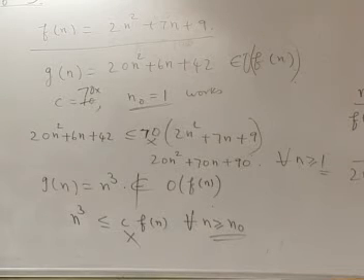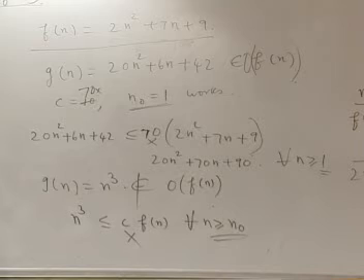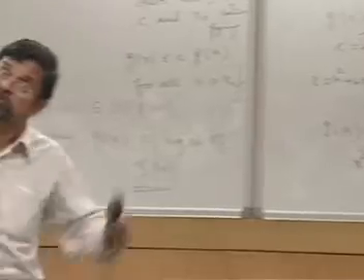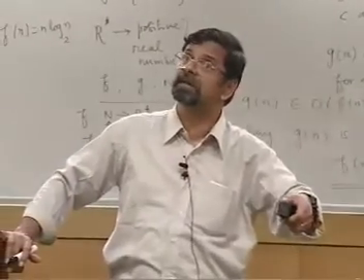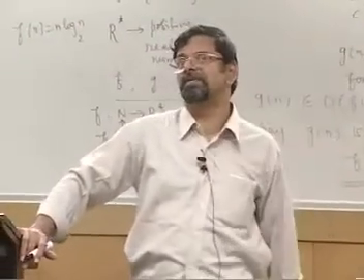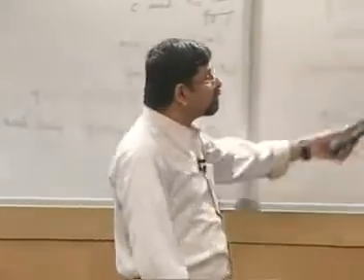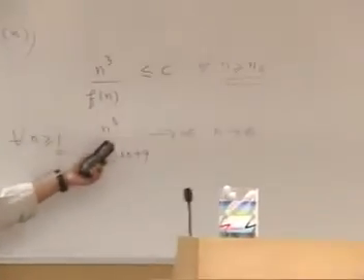If that goes to infinity, then g of n cannot be big O of f of n. In fact, its order of growth is more than the order of growth rate of f of n. It is galloping to infinity at a faster rate than this.